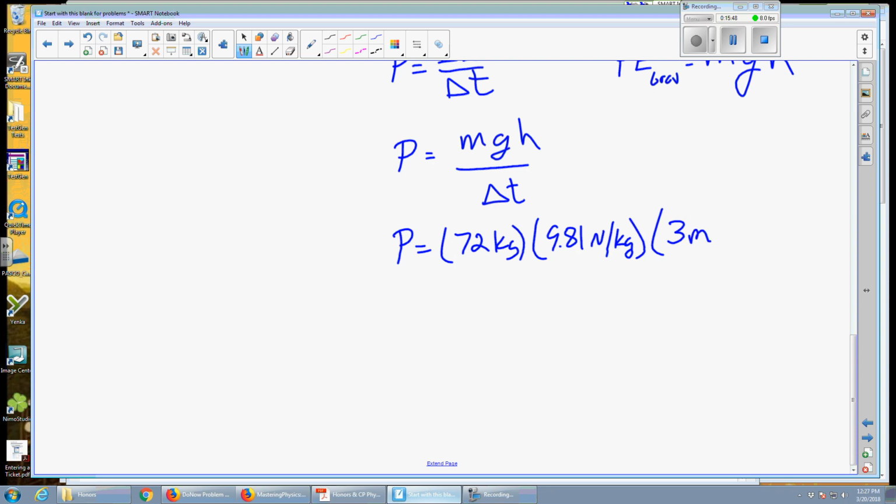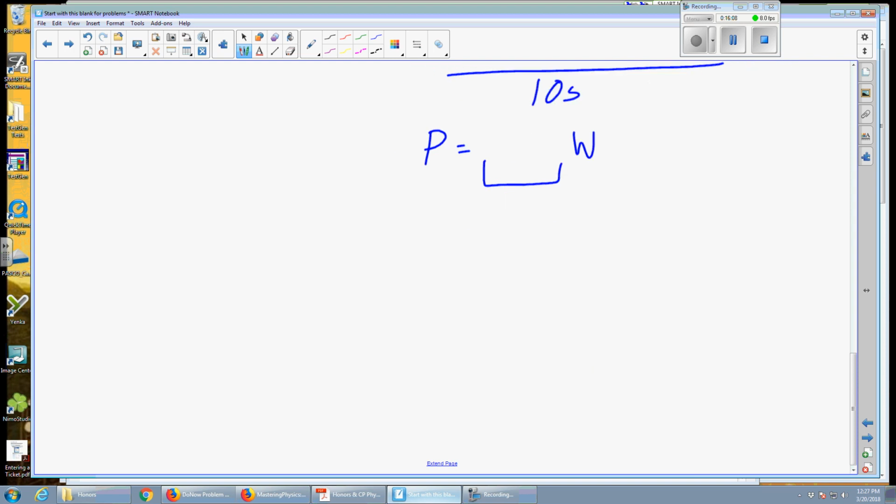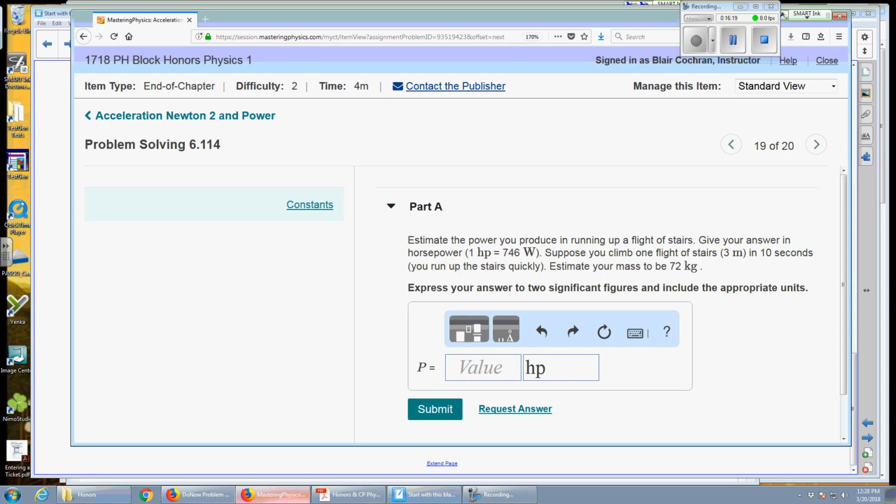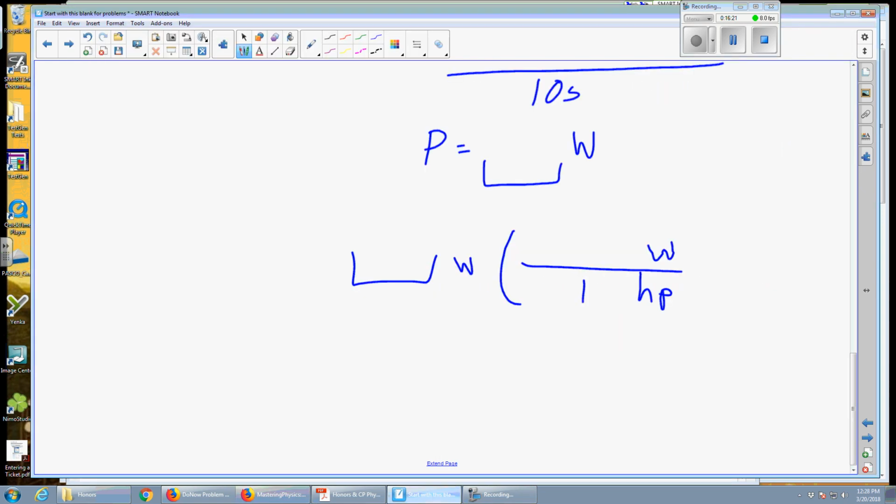They told me you went up 3 meters and you did it in 10 seconds. What units is power going to be in? Watts. And then, of course, they want your answer in horsepower, so watts times 1 over 746 watts per horsepower, and it's 746 again, hasn't changed. That gives you an answer in horsepower.